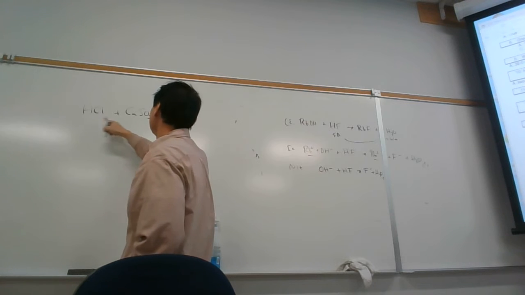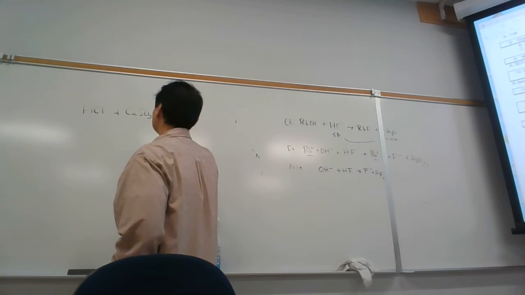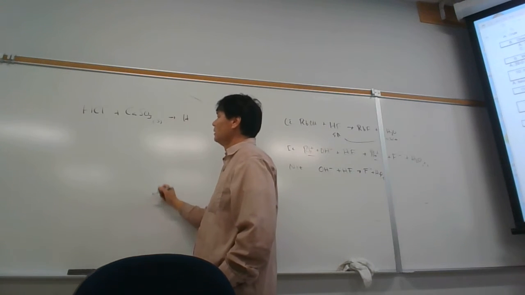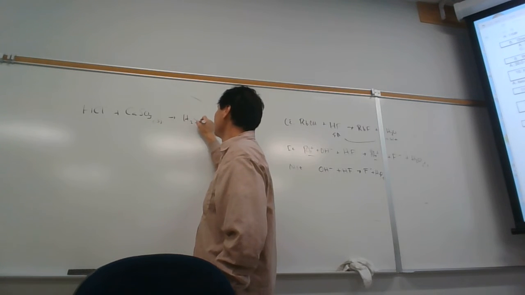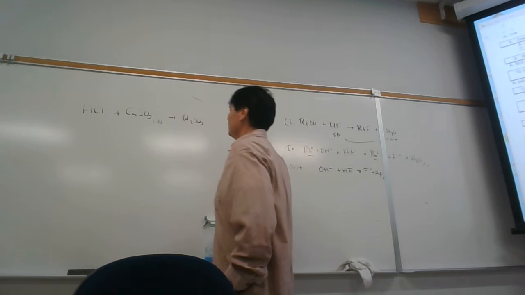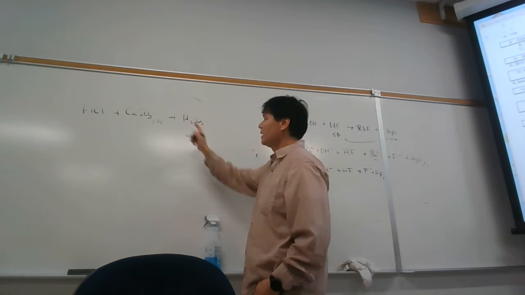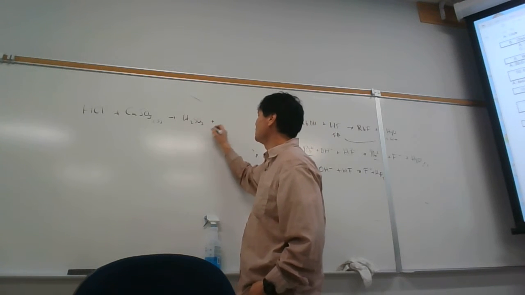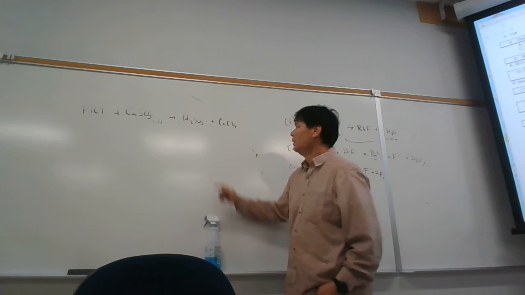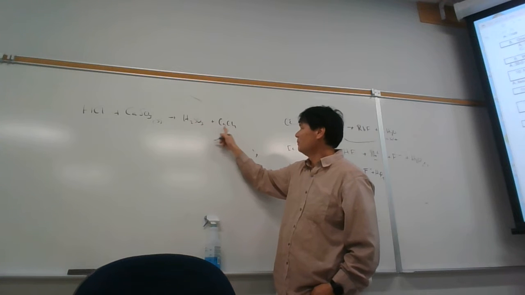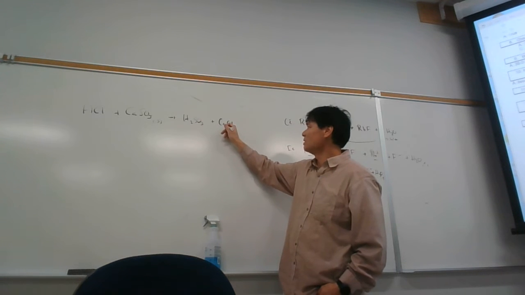And this is going to form hydrogen sulfite. Hydrogen sulfite's formula will be what? Well, hydrogen's plus 1, sulfite's minus 2. So I'll need 2 hydrogens for every sulfite. We'll get H2SO3. And calcium is a plus 2, and chloride's a minus 1, so I'll need 2 chlorides for every calcium. All right, this is an acid, so it's soluble. The chlorides, bromides, and iodides are all soluble except for silver, lead, mercury. So this is not an exception.